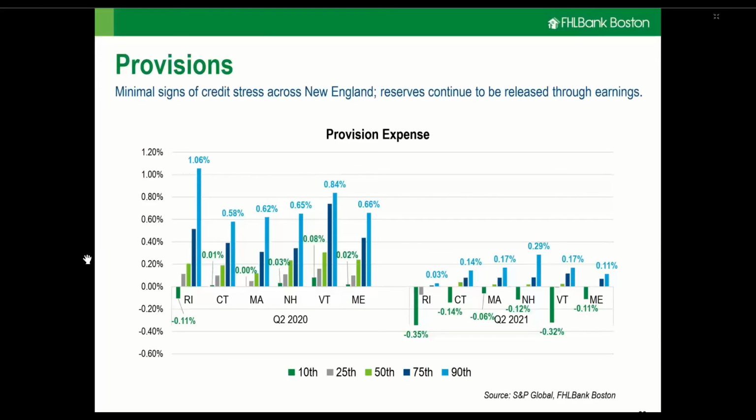So this is just looking at breaking it out by the various states, what the provision expenses were in the various percentiles back in the second quarter of 2020 versus the second quarter of 2021, and just by eyeballing it, you can see the amount of provisioning has scaled back pretty considerably, and you can see from some of those negative readings that the reserve releases have been pretty solid as well.